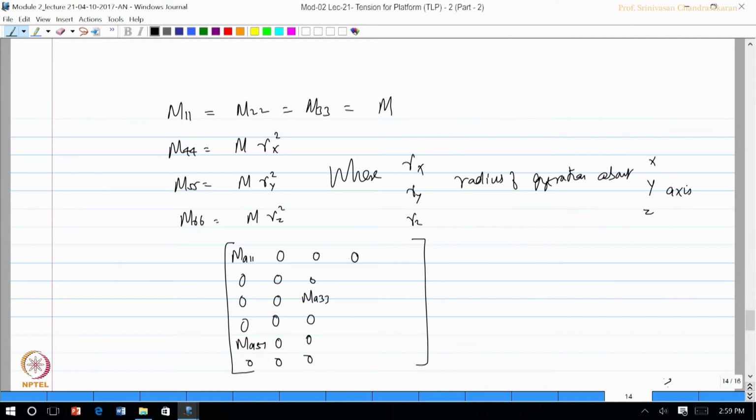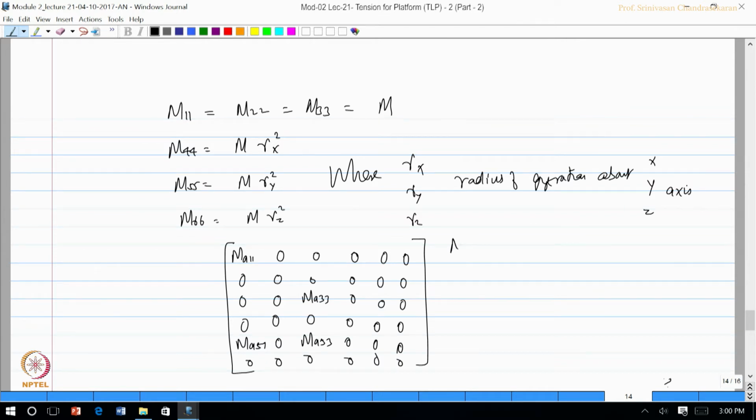In the fourth column nothing added, there will be MA33 and MA53. Fourth column, then fifth column and sixth column.